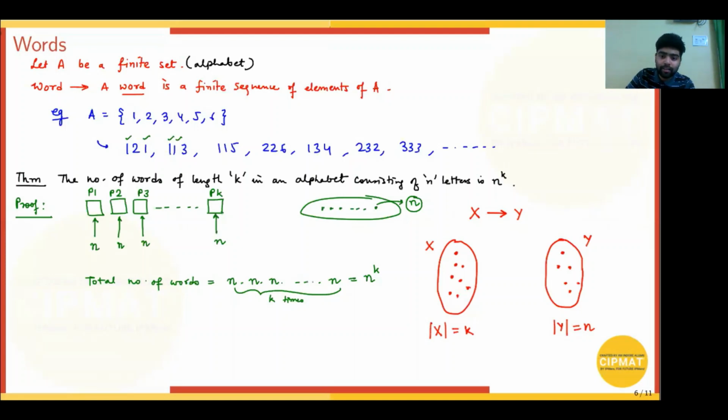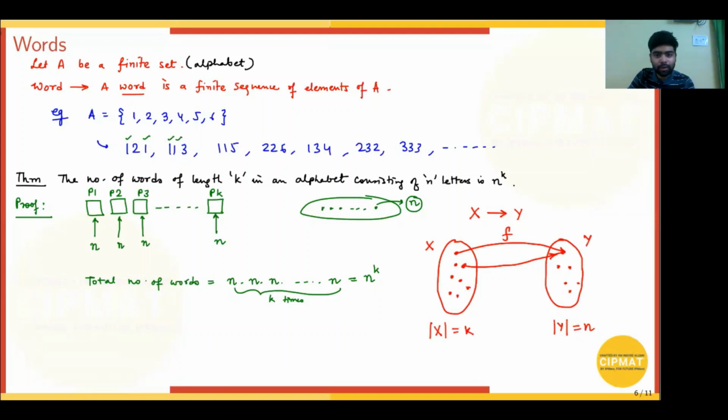Here are k elements. To the first element, how many choices do I have to map this element? I can have a total of n choices, because there are a total of n options. Similarly, this one will have how many choices? It can go to the same element as well, right? That is how functions are defined. You know that from x, two elements can be mapped to the same element in the other set, right?